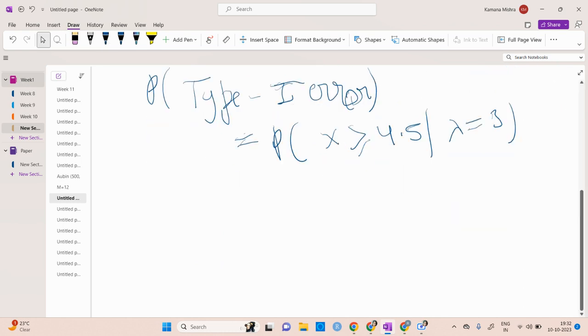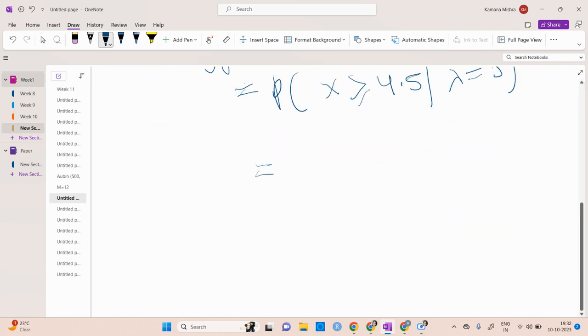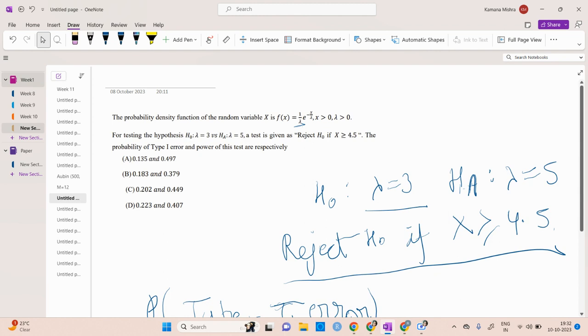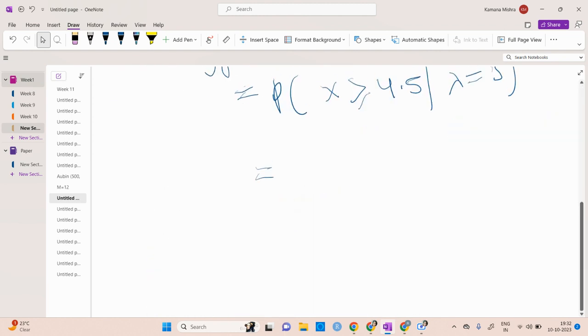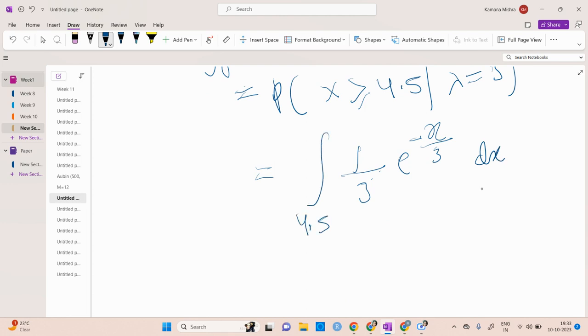Right? Now we can find it. Here we have the distribution 1 upon lambda e to the power minus x upon lambda dx, from 4.5 to infinity, right?